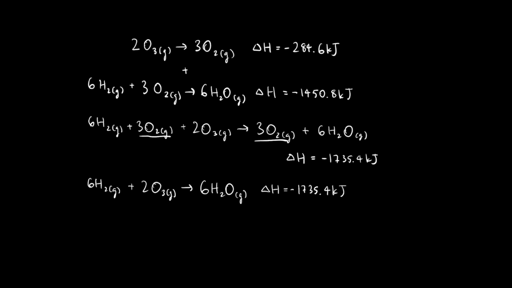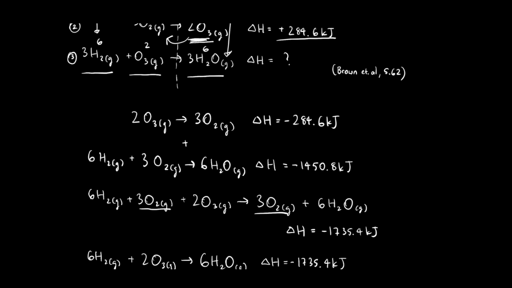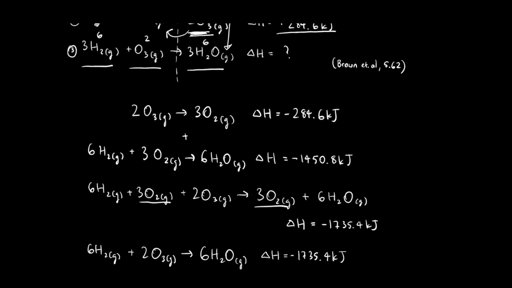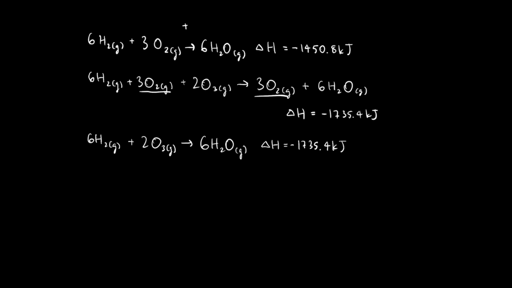Now, if we look at the coefficients of this reaction and the coefficients of our third reaction, we haven't quite gotten there yet. In order to achieve the 3 to 1 to 3 ratio, we need to divide the coefficients of this reaction by 2. So we go ahead and do that, and we get 3H2 gas plus O3 gives us 3H2O gas.